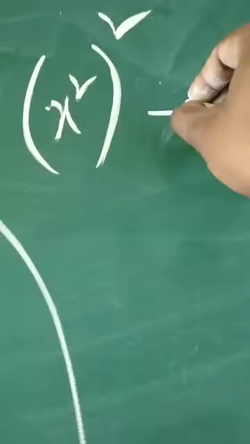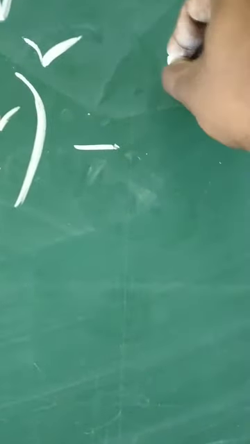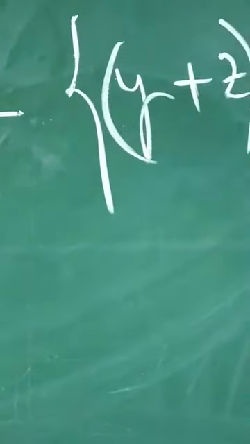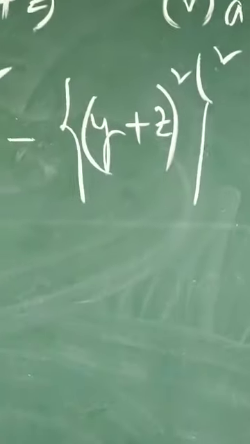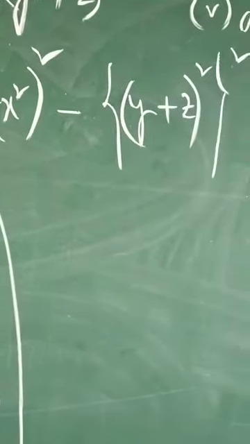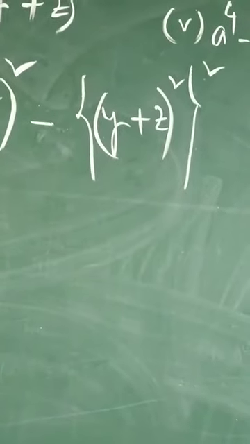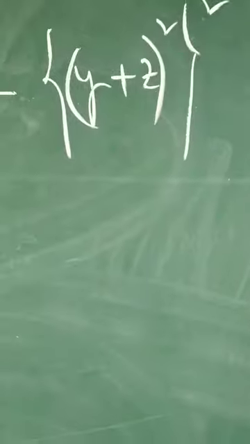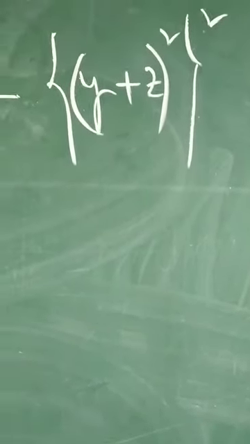Then minus y plus z whole to the power 4 can be written as y plus z whole square, whole square. I'm using a second bracket because we have already used the first bracket for y plus z, so I'm using a second bracket for another whole square.